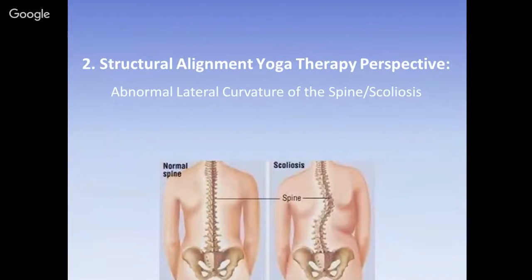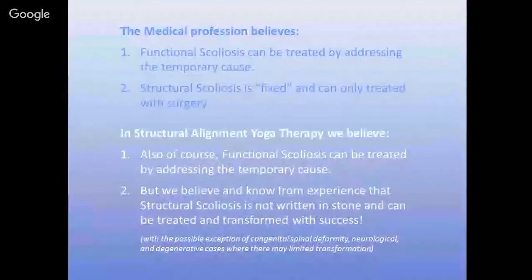Okay, so here we go. This is the structural alignment yoga therapy perspective. So the medical profession believes functional scoliosis can be treated by addressing the temporary cause, whereas structural scoliosis is fixed and can only be treated with surgery.